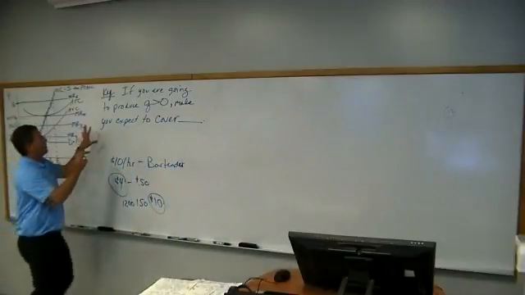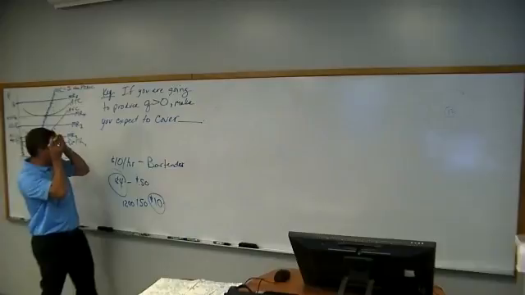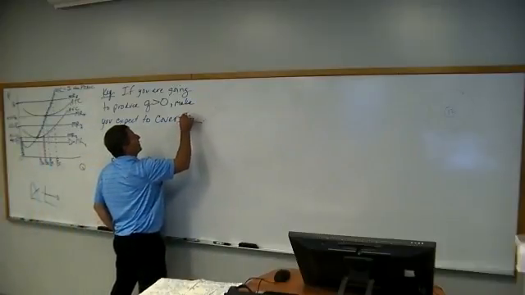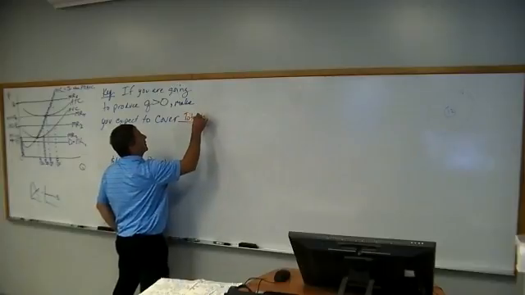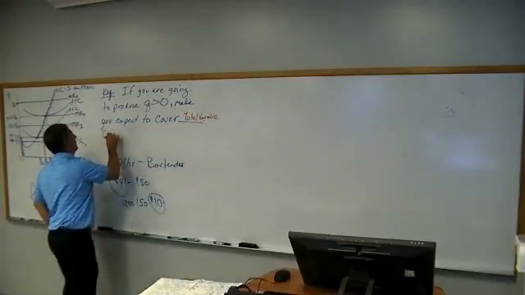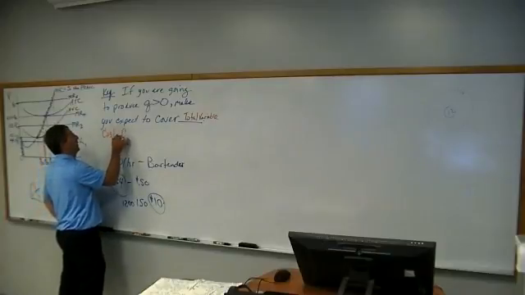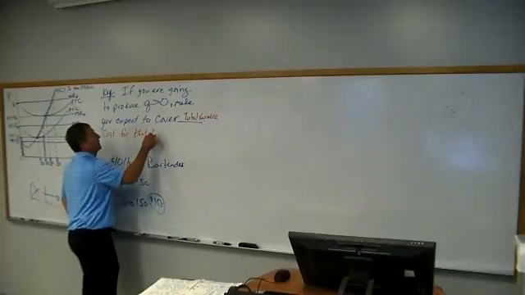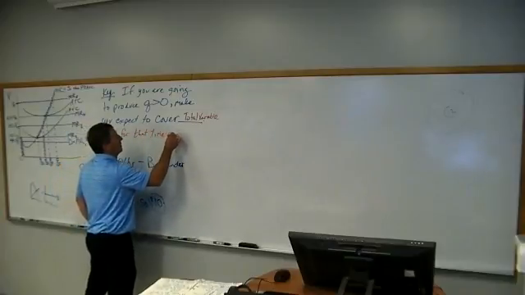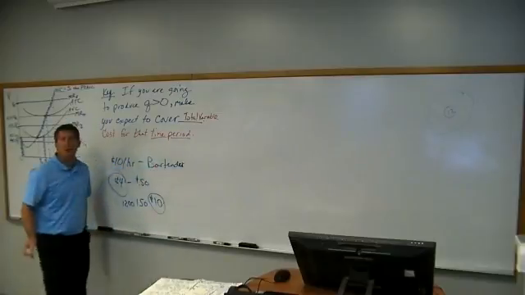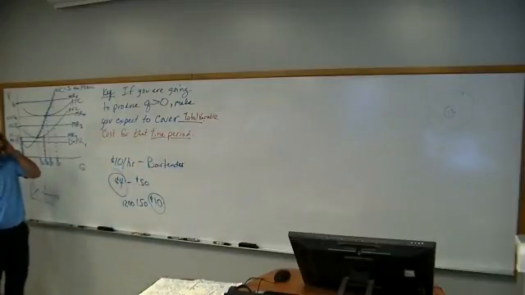All right, so make sure you expect to cover your variable cost. Total variable cost for that time period. So make sure you add on this time period, whether it's a year or a day or a week or whatever.